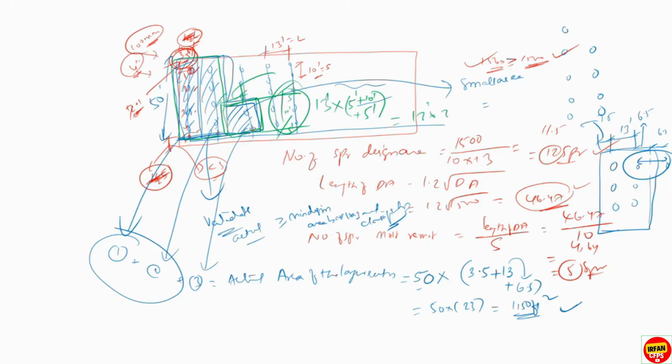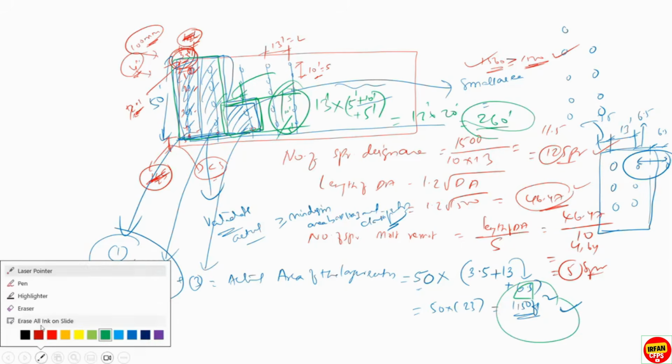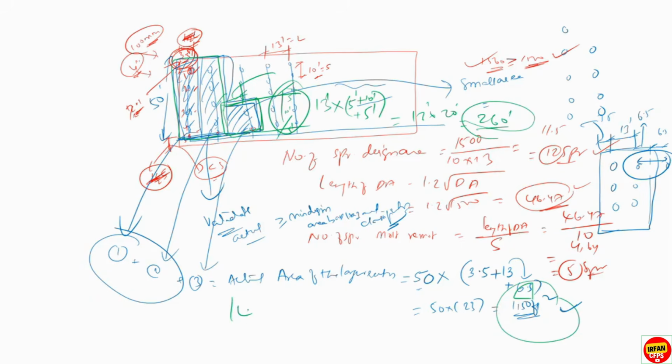So it will be 20 feet. So 13 feet into 20 feet, it will be 260 square feet. So 260 plus 1150, area of the large rectangle plus area of the small rectangle. How much do we get? 1150 plus 260, we will get about 1460 square feet.